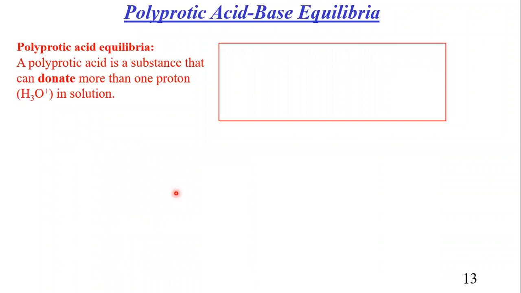First of all, what are polyprotic acids? Well, they are substances that can donate more than one proton, H3O plus I mean, in solution. Until now, we only took acids which can give up a single proton to water, giving you H3O plus.